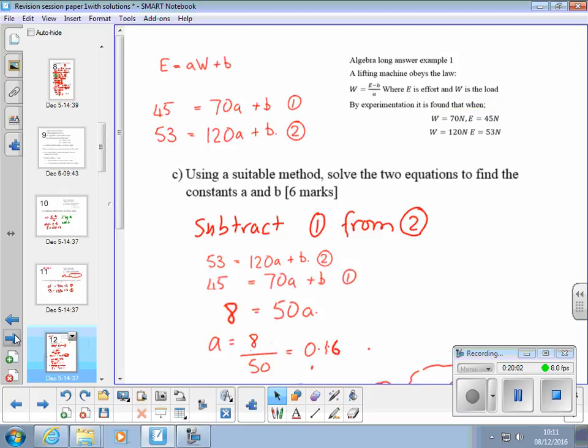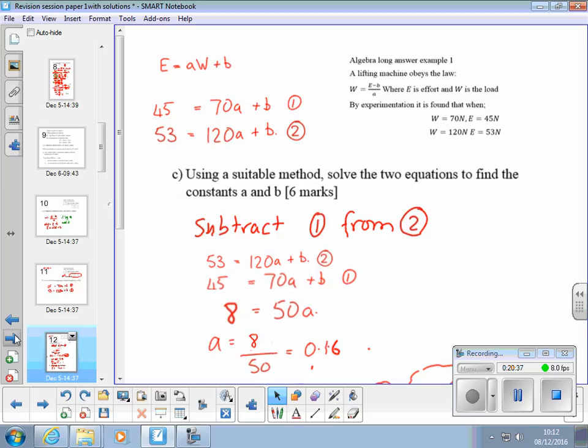Then use any method. I happened to use subtracting 1 from 2. The coefficient of b is already the same, so you don't have to multiply anything by anything here. We can eliminate b simply by subtracting equation 1 from equation 2. End up with 8 is equal to 50a, so a is 0.16.